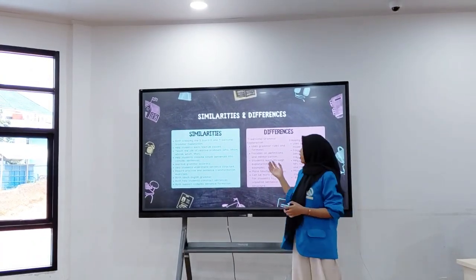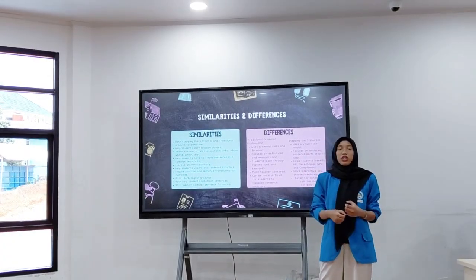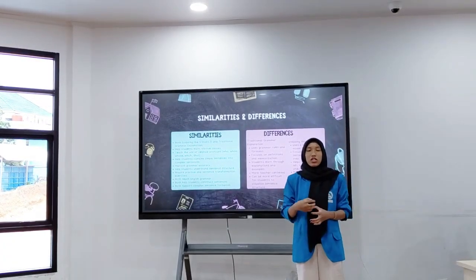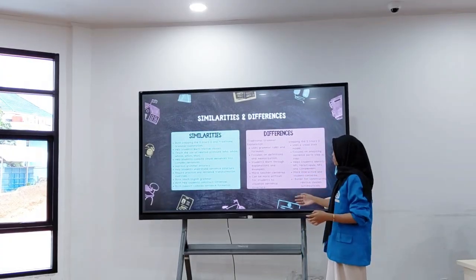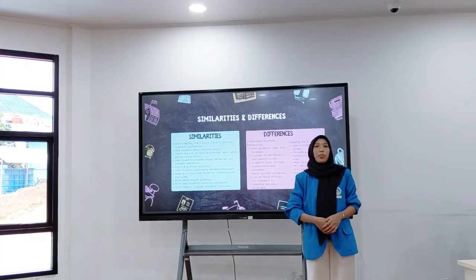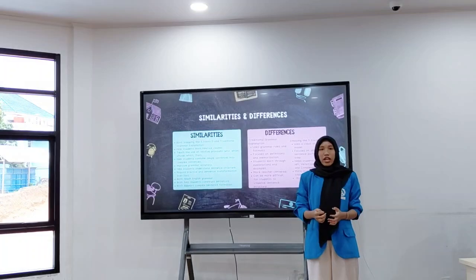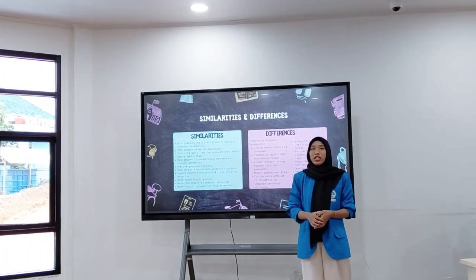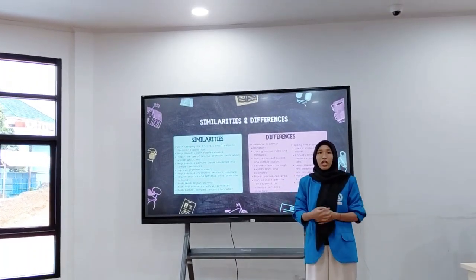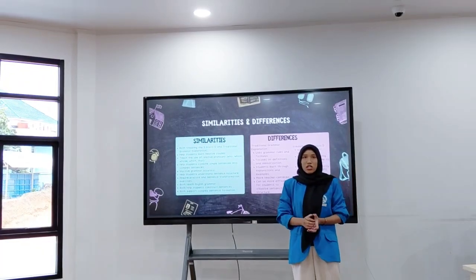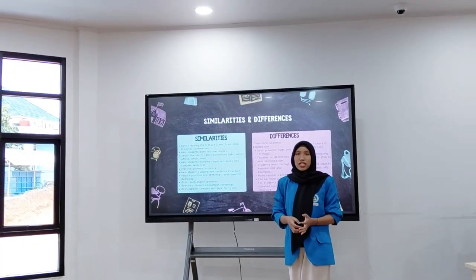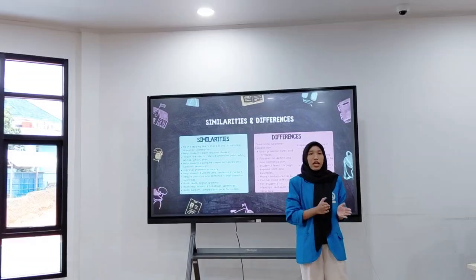For the differences, traditional grammar is teacher-centered and focused on formula. On the other hand, Stepping the 5-Star D is student-centered and interactive. It uses a visual star model to analyze the sentence part step by step.